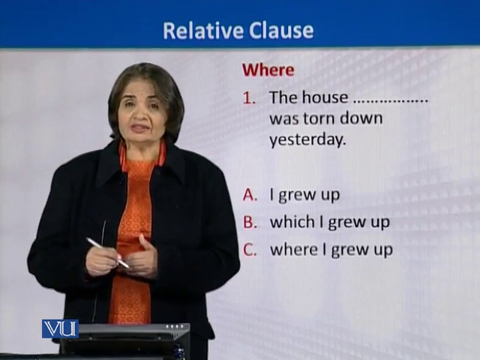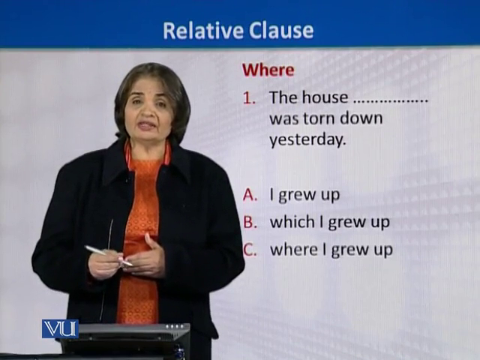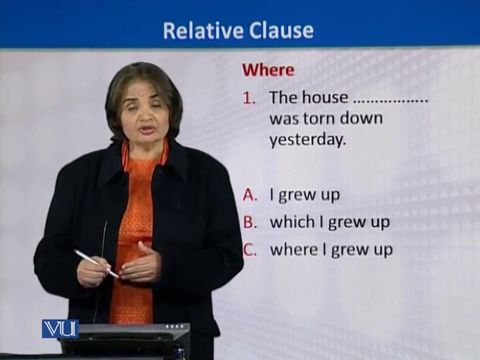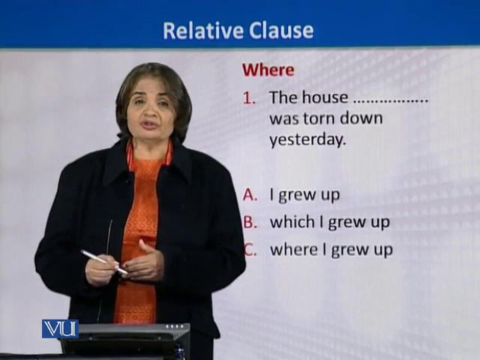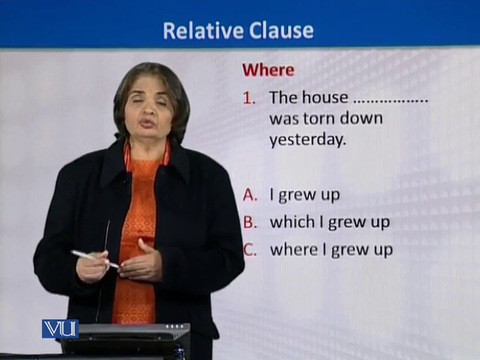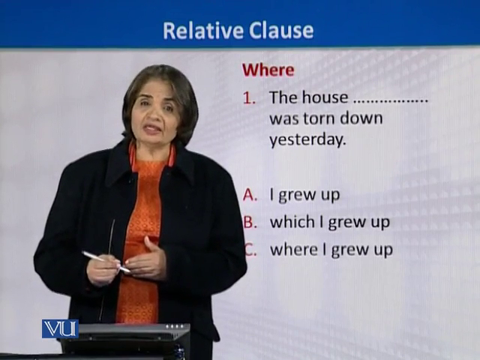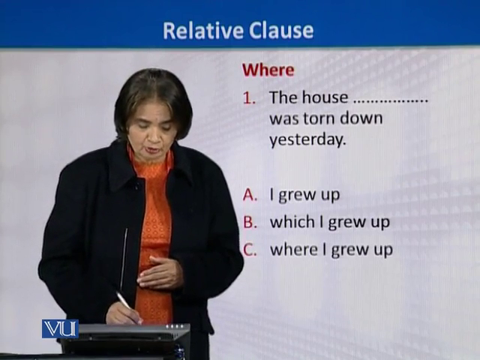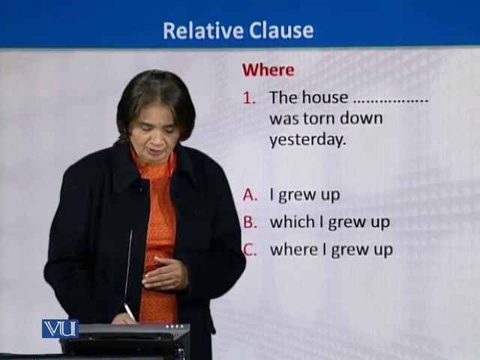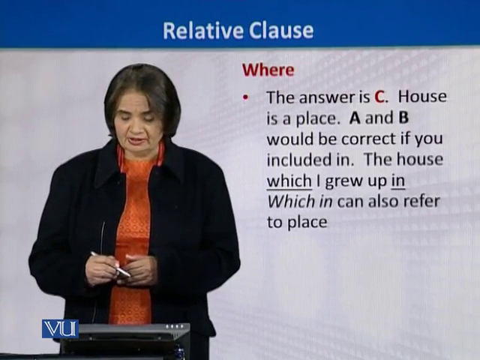So in any case, in both the first and second options, I have to add in. Since in is not here, the best option for me to use the relative clause would be where I grew up. Because it is a place, that means I can use where here. And I don't need to change it by using the word in. So the answer here is C.